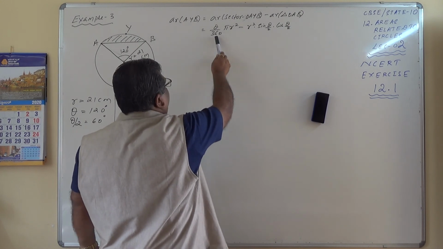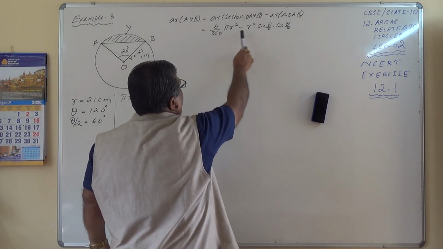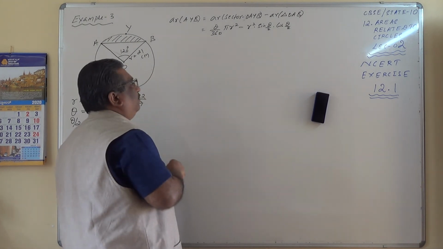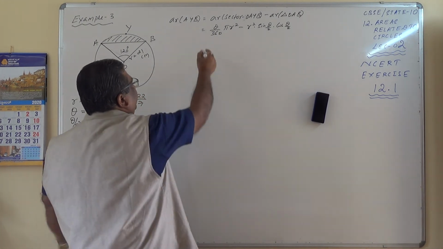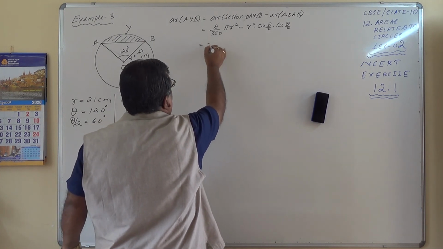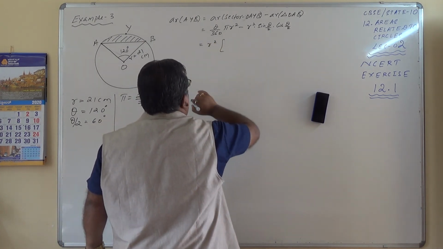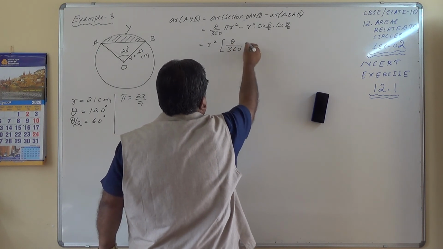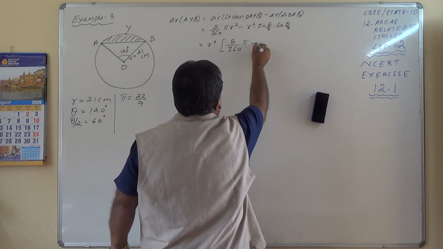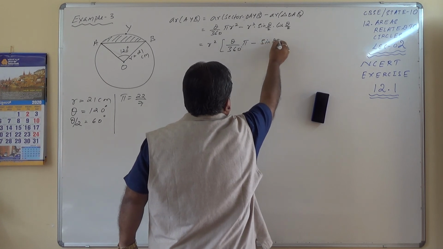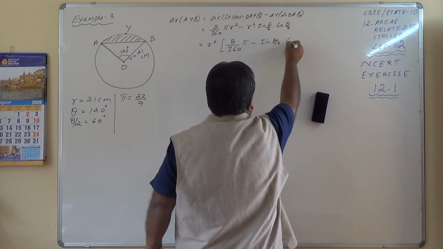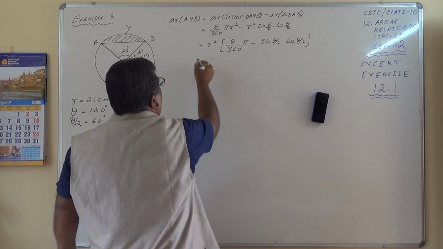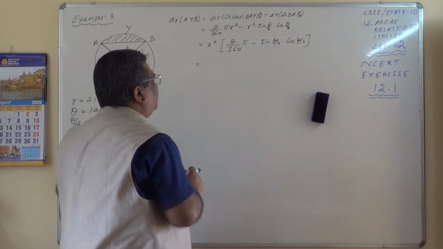Area of the sector is theta by 360 into pi r square, whereas area of the triangle is r square into sin theta by 2 into cos theta by 2. So from here, let us take the common r square. This is theta by 360 into pi minus sin theta by 2 into cos theta by 2, which equals, let us substitute the values.